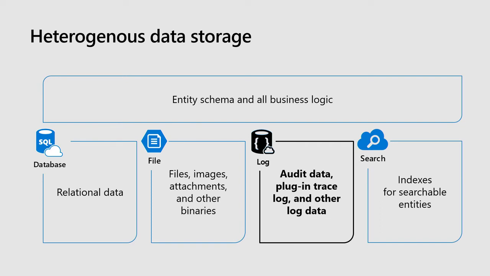It could be measuring the temperature in a fridge to check that food doesn't spoil. It could be how many people are entering a shop floor to see if there are enough shop stewards on the floor to serve these customers. So IoT probably comes to mind, but also other observational data. Typically, that comes in large quantities. It doesn't necessarily need to be relational, so it's a little bit different from the other types of data you can store in Common Data Service.